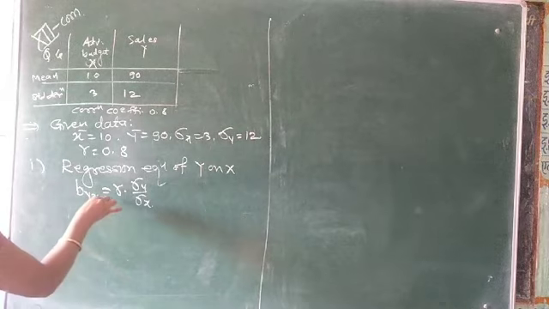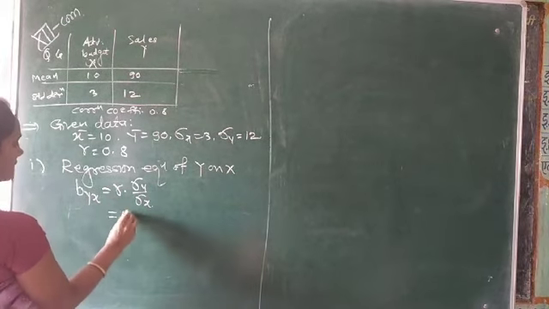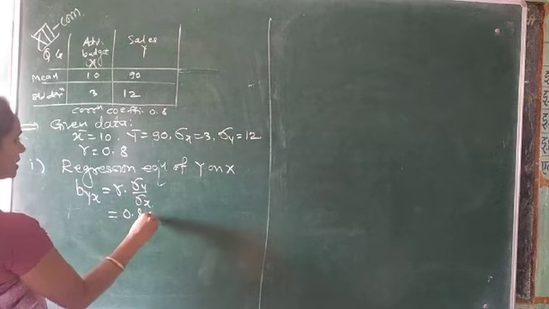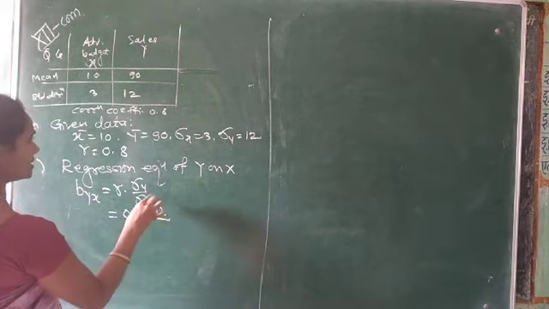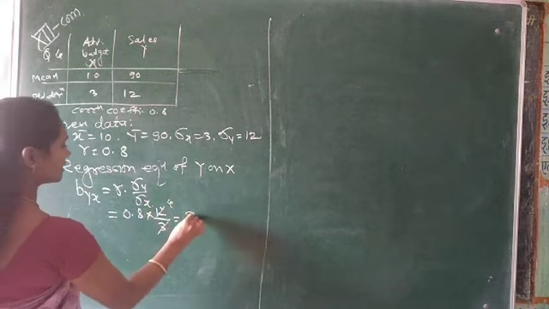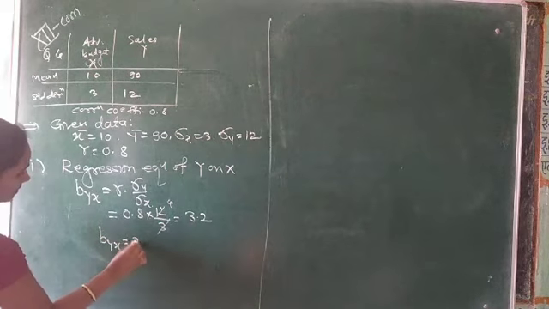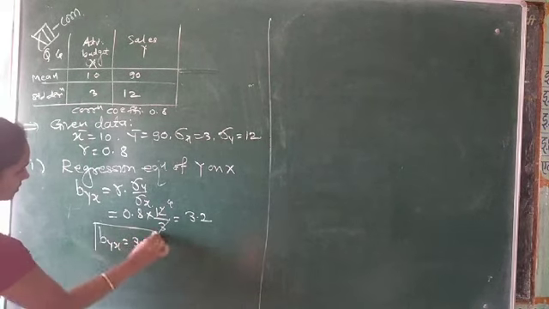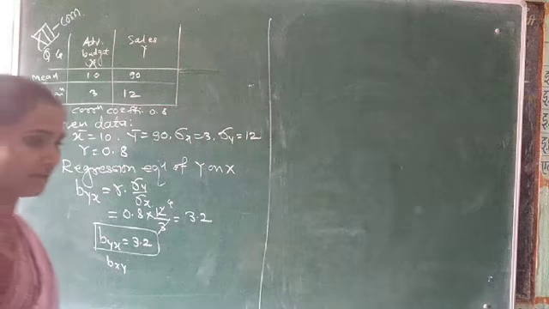In the earlier lecture we saw this formula for byx and bxy. So the value of r is 0.8 into sigma y 12 upon sigma x 3. That is 3 fours are 12, 8 fours are 32, hence it is 3.2. Next, bxy.